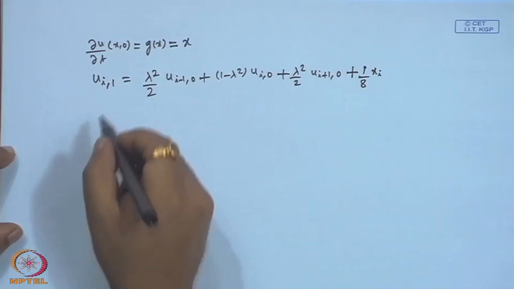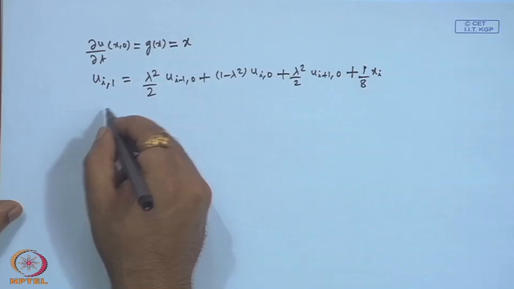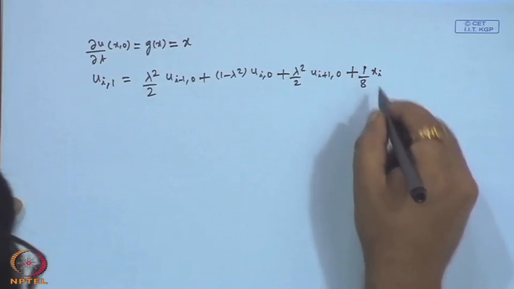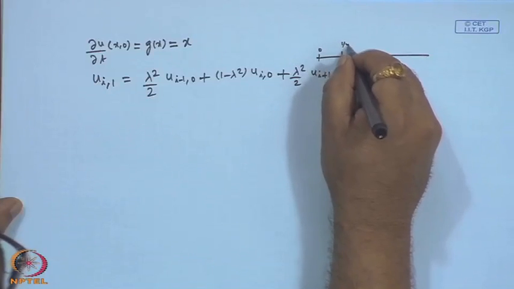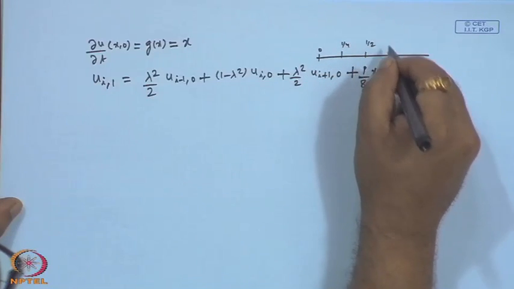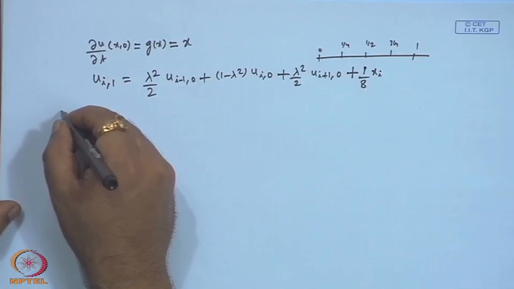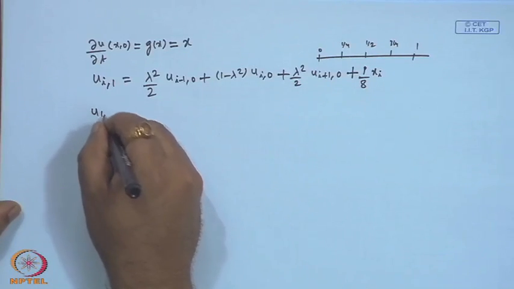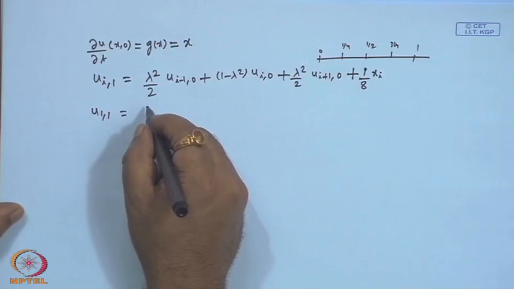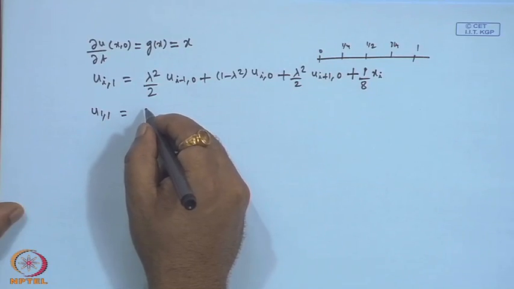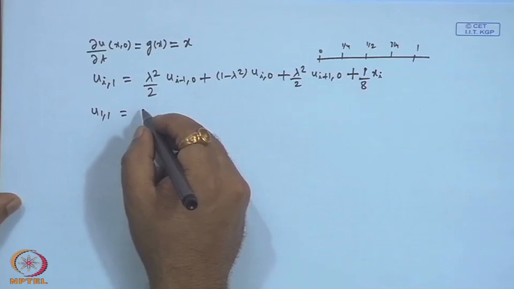Right. So, now let us compute the values at each nodal point. So, we have 0, 1/4, half, 3/4, 1. Okay. So, u 1 1 equals lambda square, lambda square is 1 over 4. Okay.